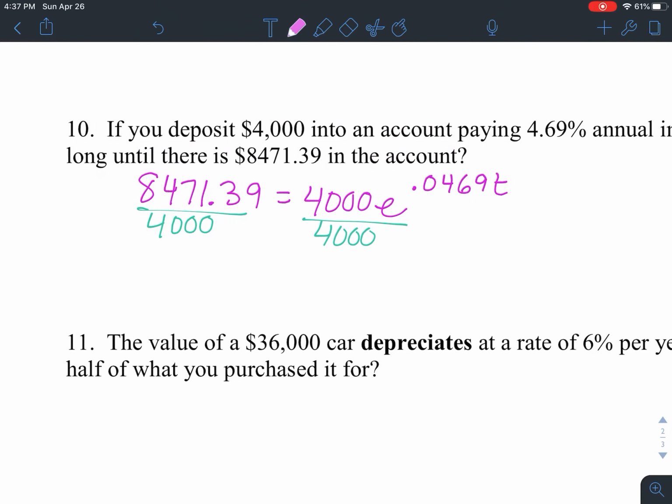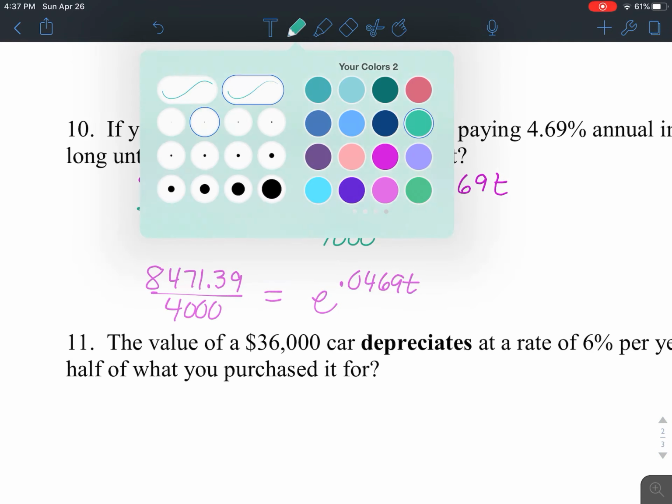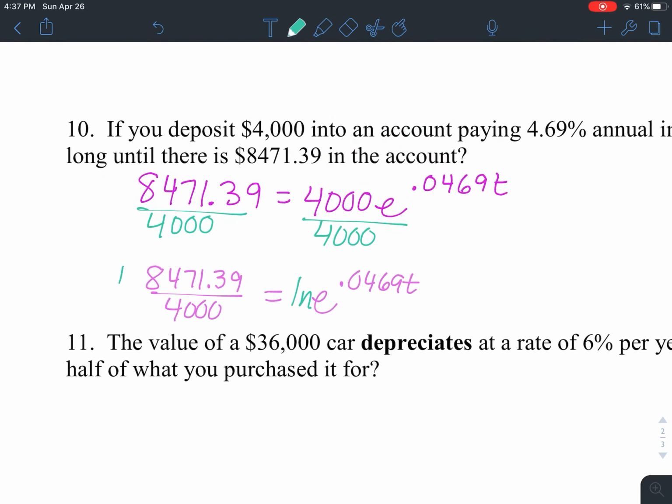Okay, so we get this ugly number, but I'm going to just keep this: 8471.39 divided by 4,000 equals e to the 0.0469t. Now you should know you take the ln of both sides. You know ln of e becomes 1.